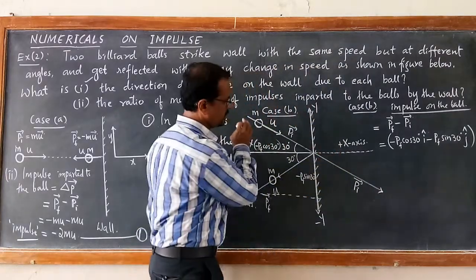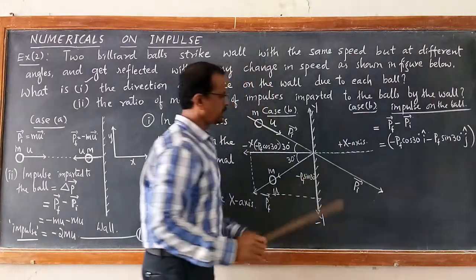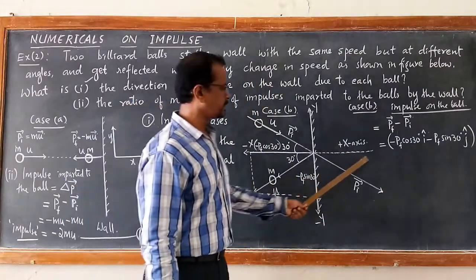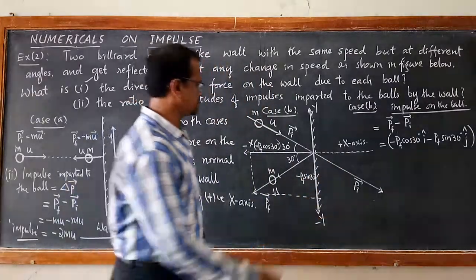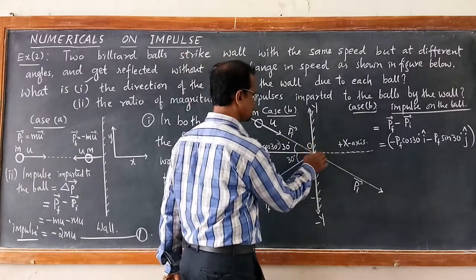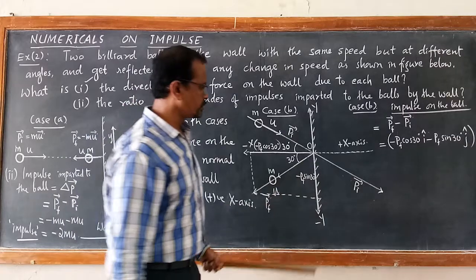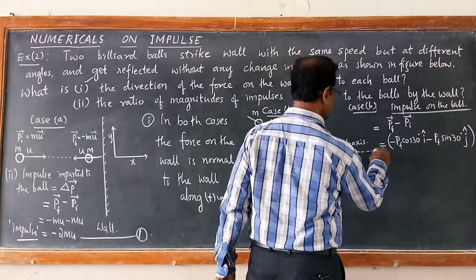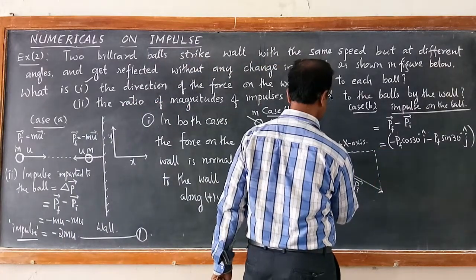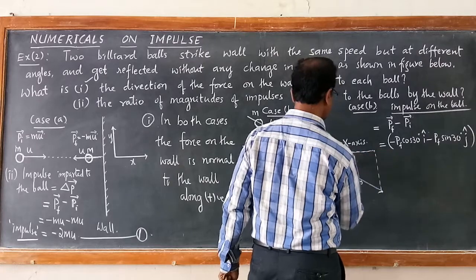I have drawn the continuation of the vector in the fourth quadrant because it originates from the origin, so that I can draw components. Draw a perpendicular here.